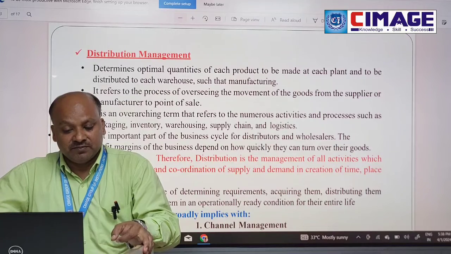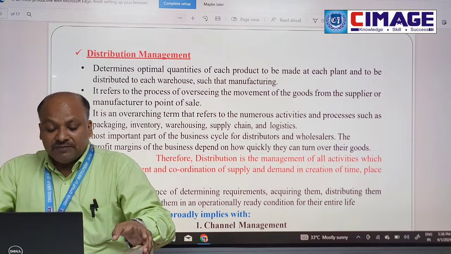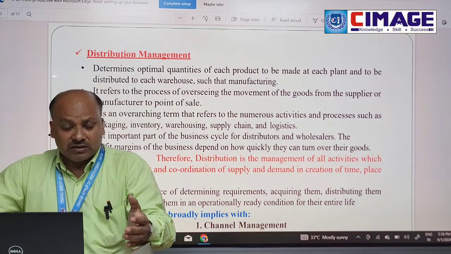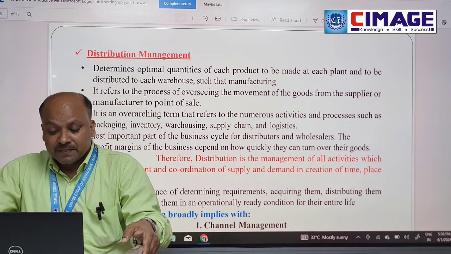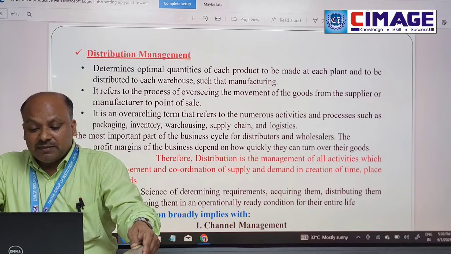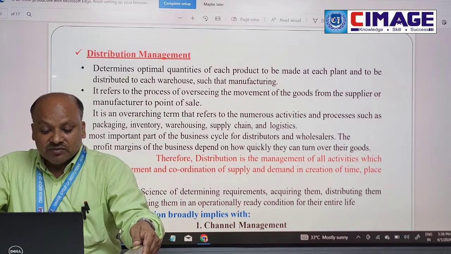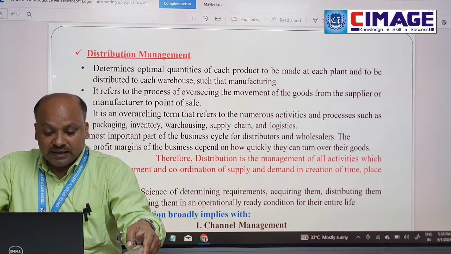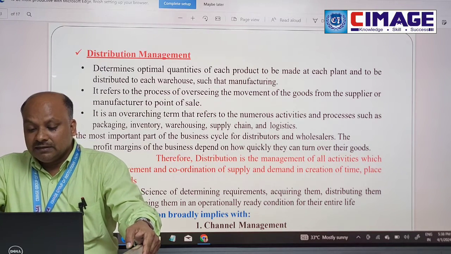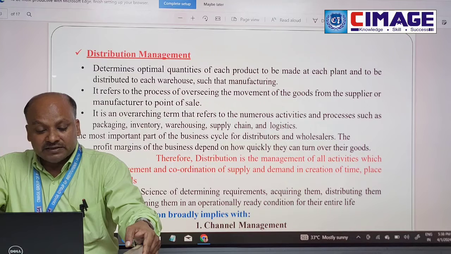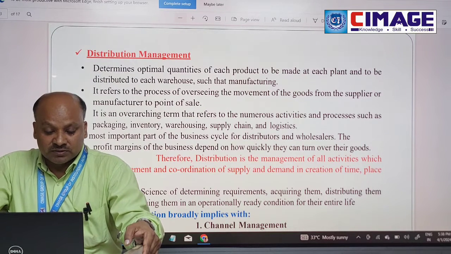If we take the formal definition, distribution is the management of all activities which facilitate the movement and coordination of supply and demand in the creation of time and place utility in goods.